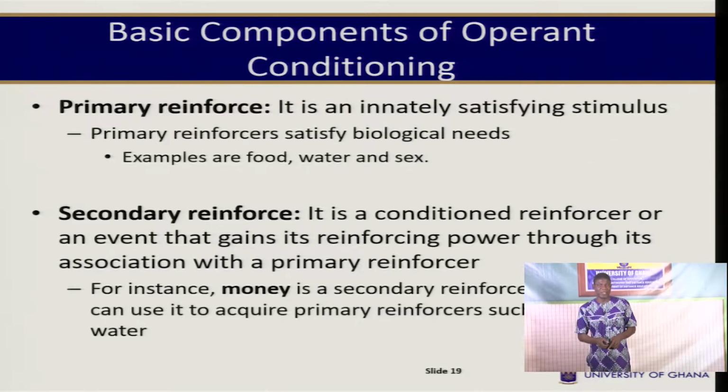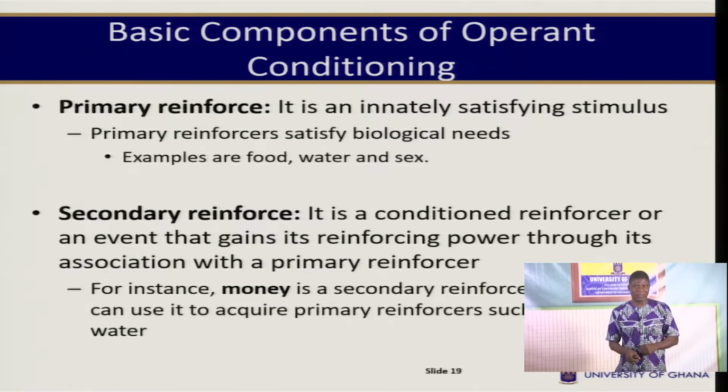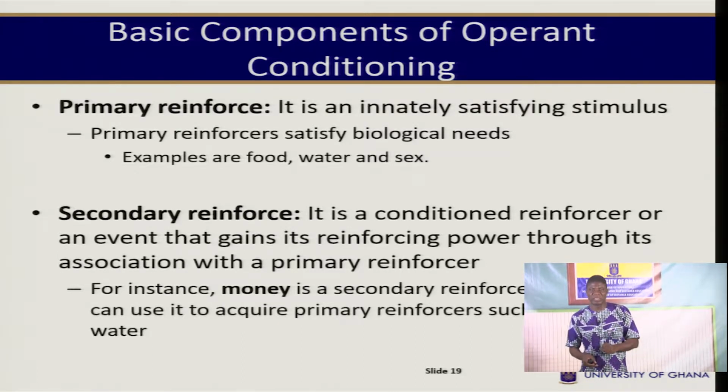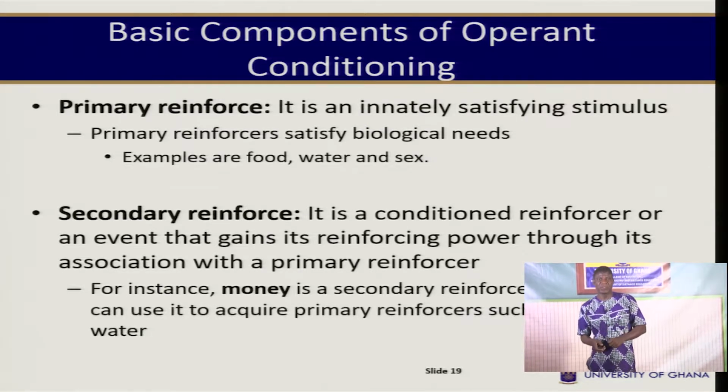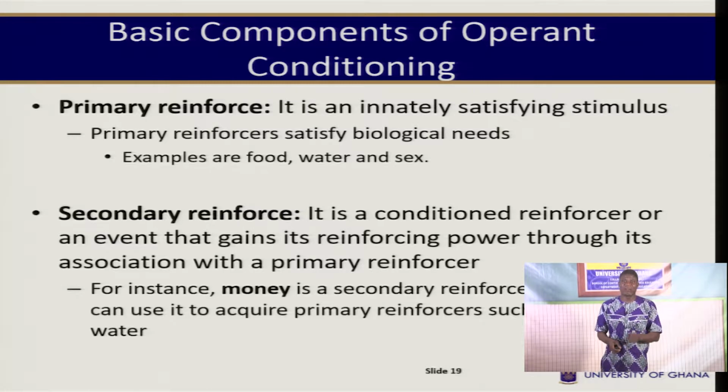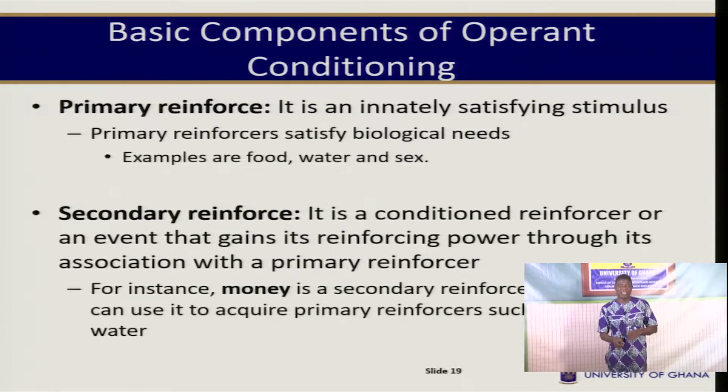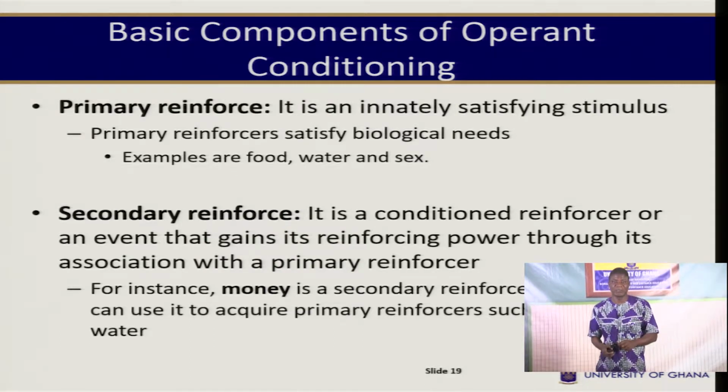We'll explain that further. And we also have primary reinforcers and secondary reinforcers. Whereas primary reinforcers are innately satisfying stimuli, secondary reinforcers are conditioned reinforcers, or events that gain their reinforcing power through their association with the primary reinforcers.